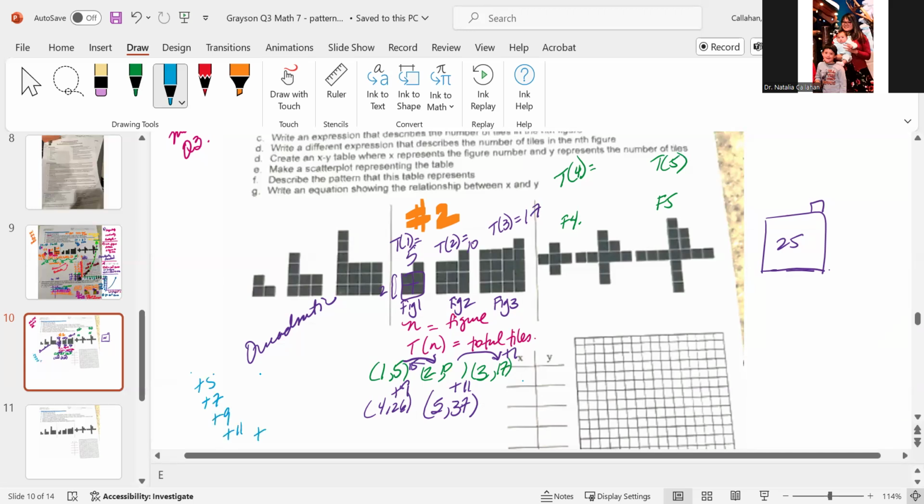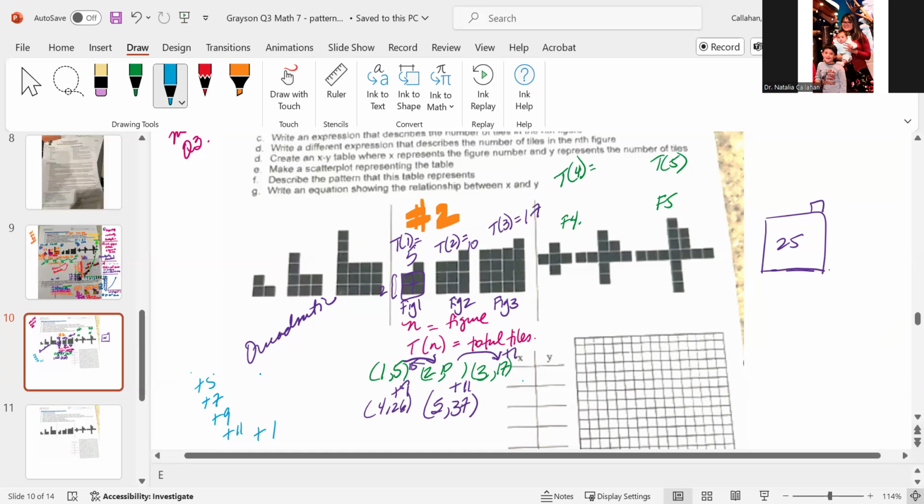And if you're going to do a 6th figure, what do you think it's going to be added by? What's after 11? Are you listening to me? Okay, so 5, 7, 9, 11.